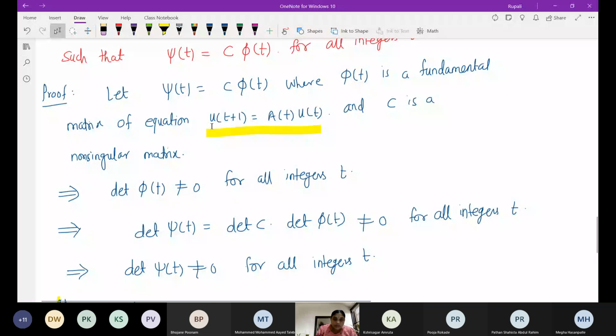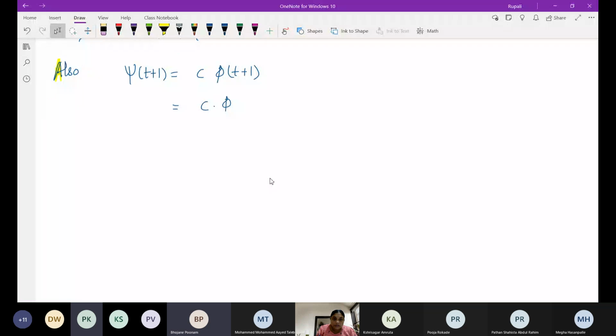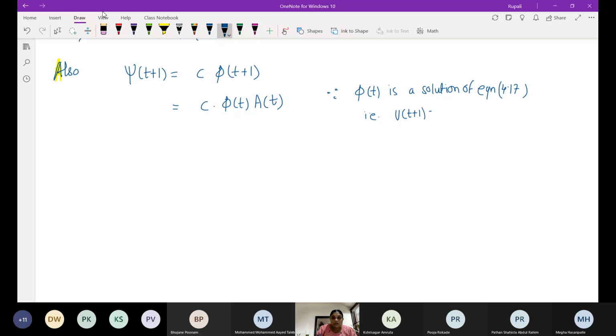So phi at t plus 1 I can write as a of t into phi of t, because phi t is a solution of equation 4.17, that is u at t plus 1 is equal to a of t u of t.